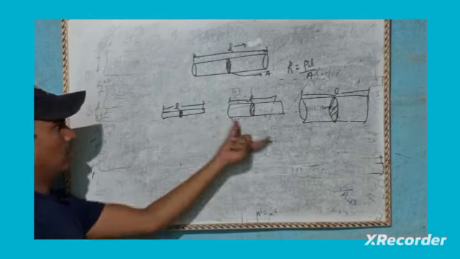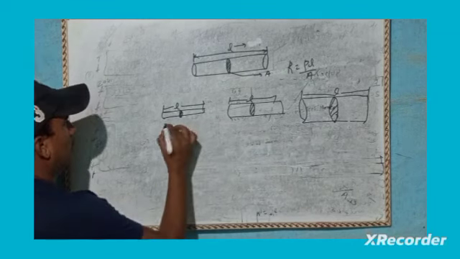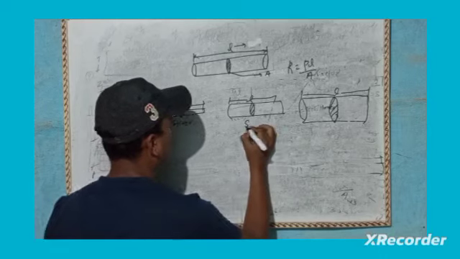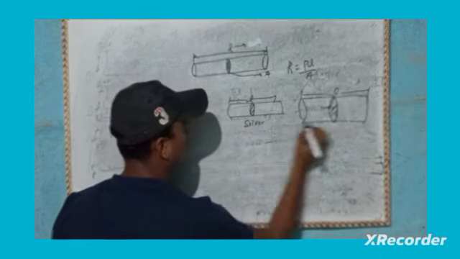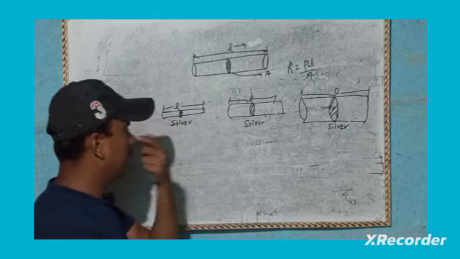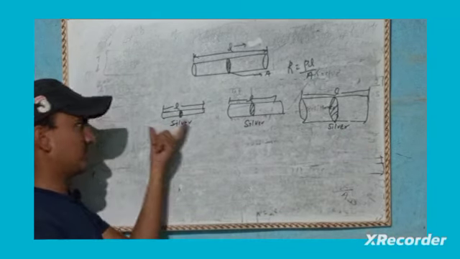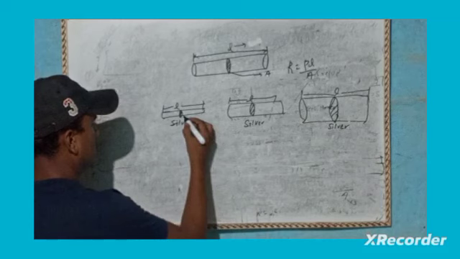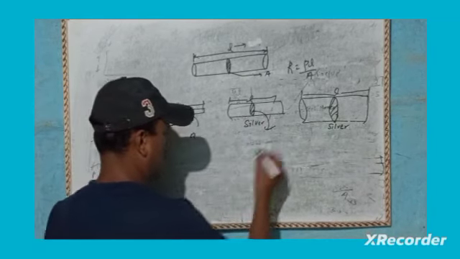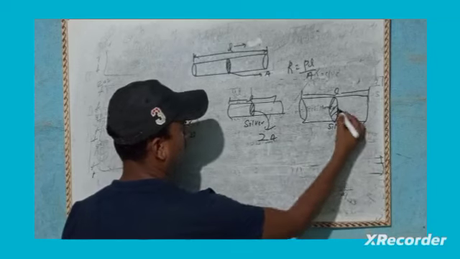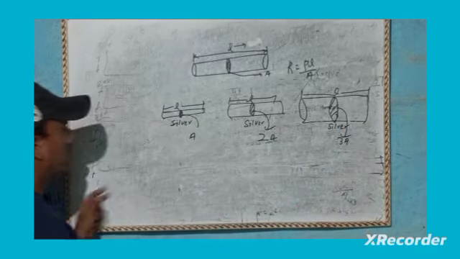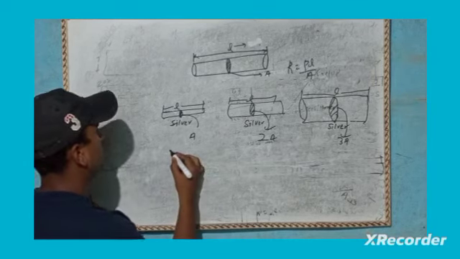Suppose all are the same material, silver. All the lengths are the same, but the cross-sectional areas are different. Suppose here the cross-sectional area is A, here the cross-sectional area is 2A, and here the cross-sectional area is 3A. Then in that case, what is the resistance value?